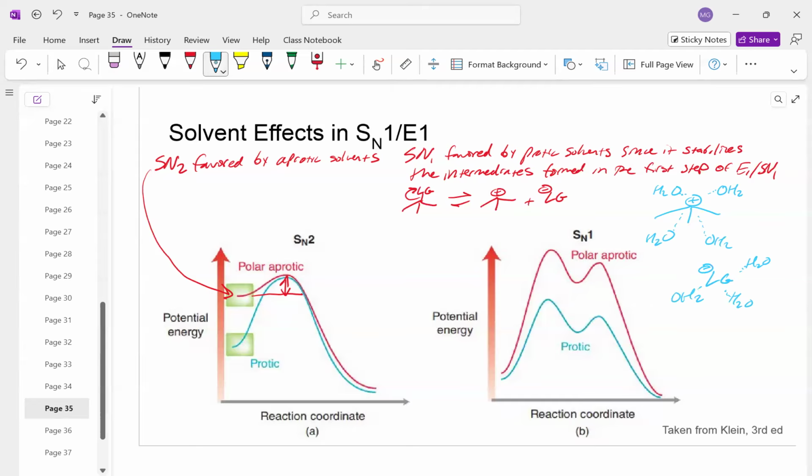And they basically solvate each of those ions. So if the energy of the intermediates is lower, then the reaction will go quicker. So an SN1 is favored by protic solvents because it makes this hill, this activation energy, less than if it were in a polar aprotic solvent.